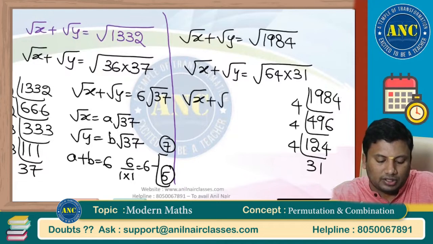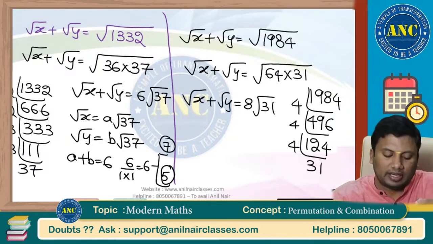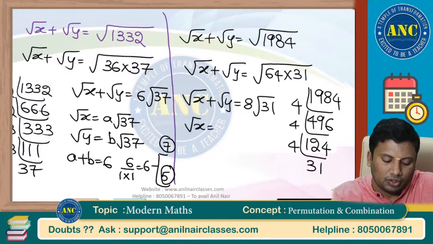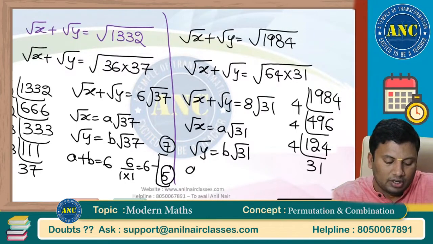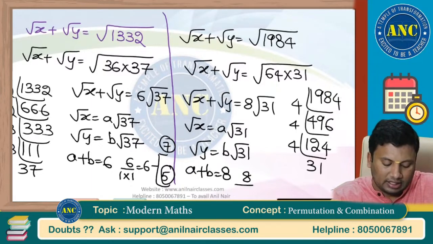Root x plus root y is equivalent to 8 root 31. Root 31 is irrational. So root x is a root 31, root y is b root 31. So a plus b is nothing but 8.